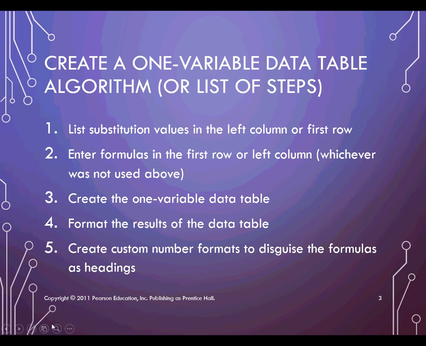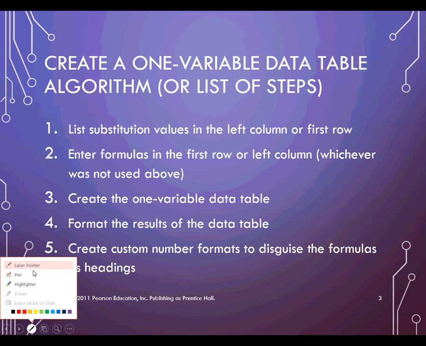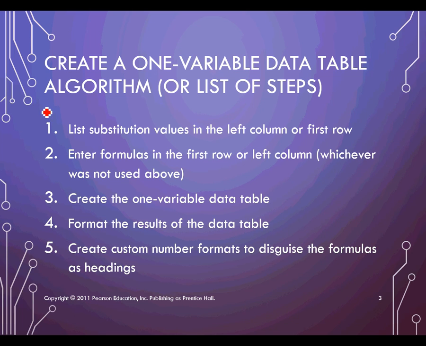And what's an algorithm? Well, nothing more than a list of steps that you can use and follow. And if you follow this list of steps faithfully, you will be able to create a data table where one variable changes and you get all your cool what-if scenarios.